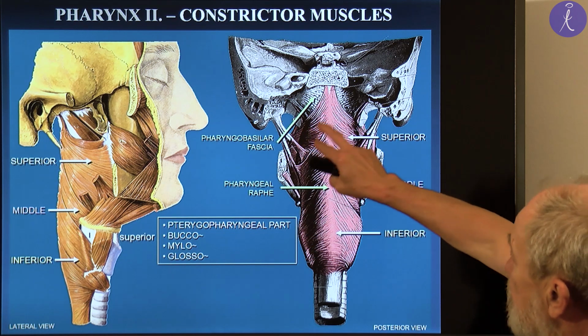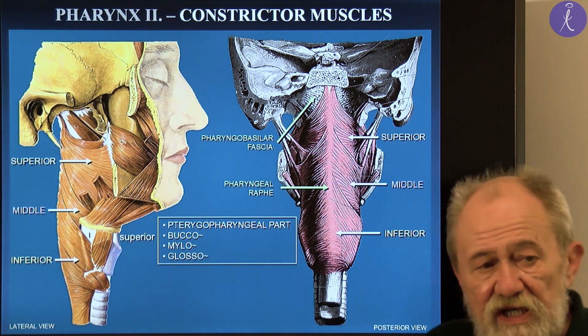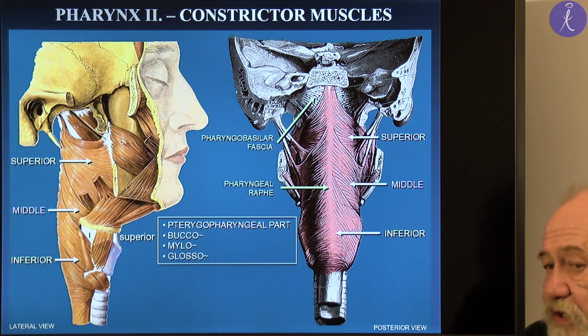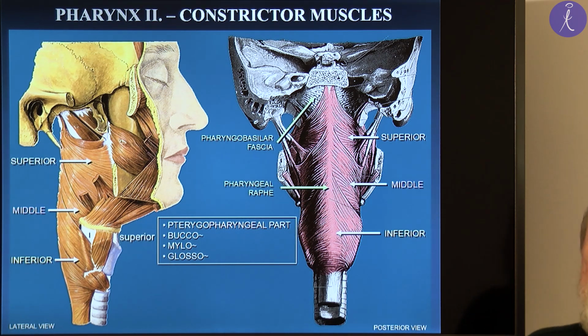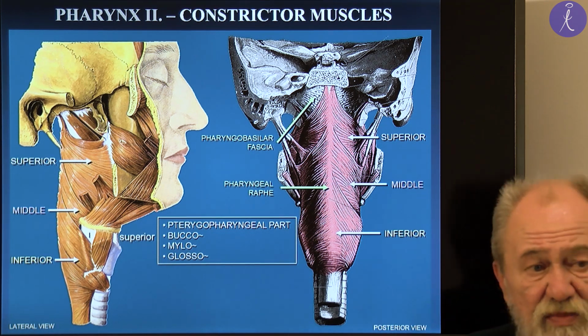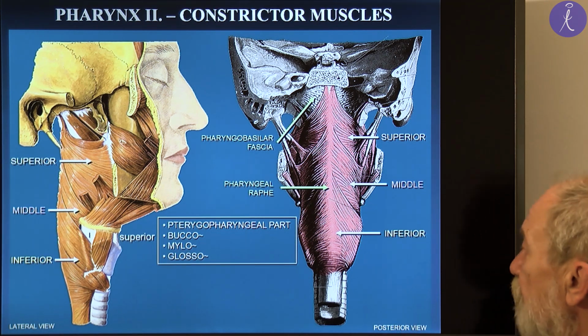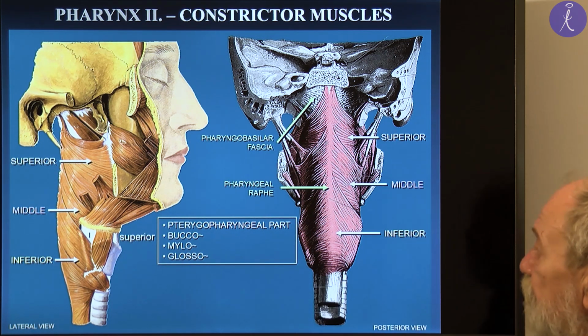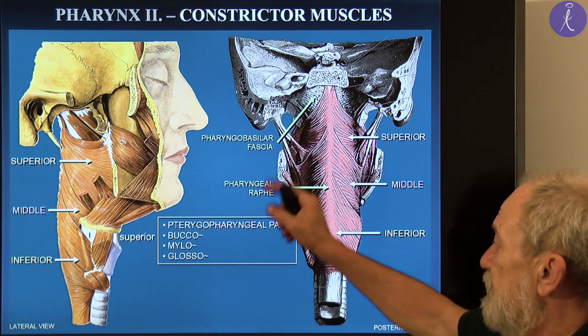Coming down, the next part of superior has no chance for bony origin, and therefore it uses the same raphe as was used by the buccinator muscle, that was the pterygomandibular raphe, and because the buccinator uses it simultaneously, therefore buccopharyngeal part is the next.